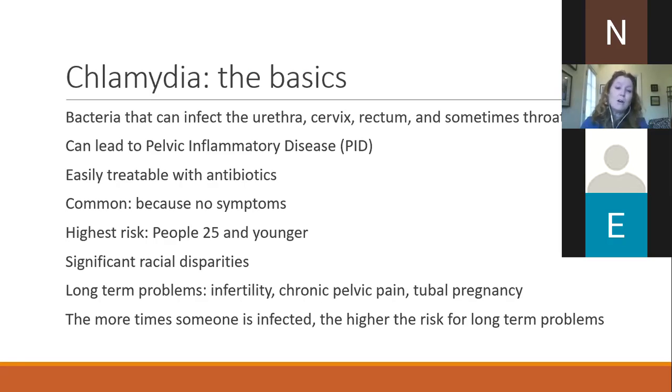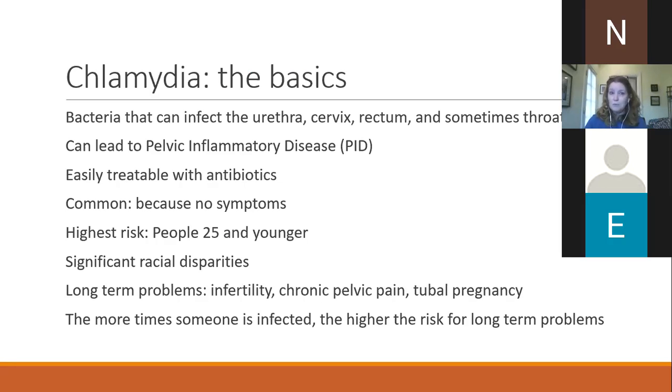Again, some of the long-term complications are difficulty getting pregnant, mostly for people who have a cervix, chronic pelvic pain, and tubal pregnancy, or pregnancy outside the uterus. The more times someone gets infected, the higher the risk.